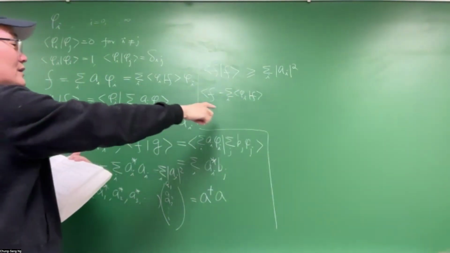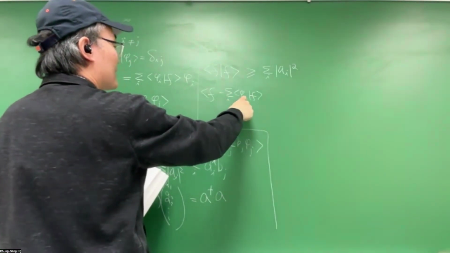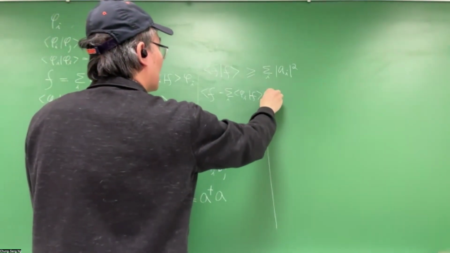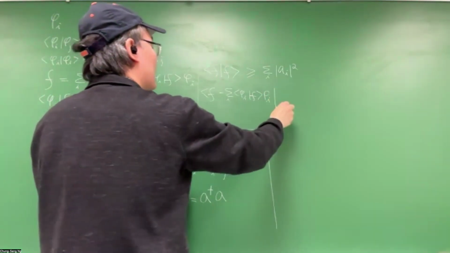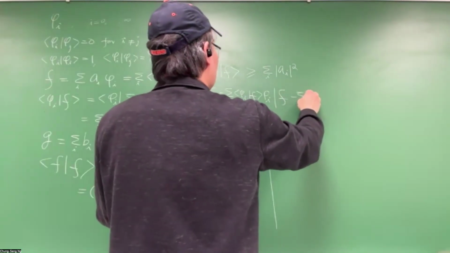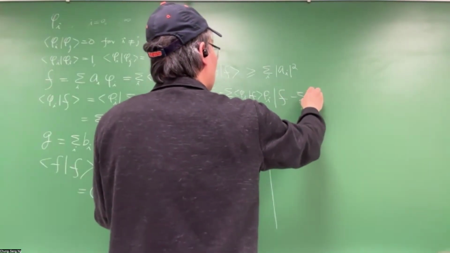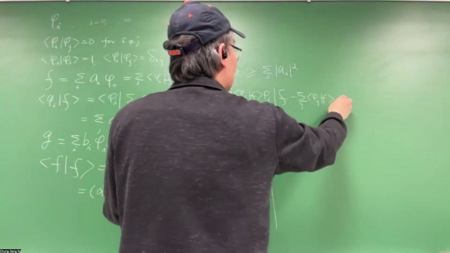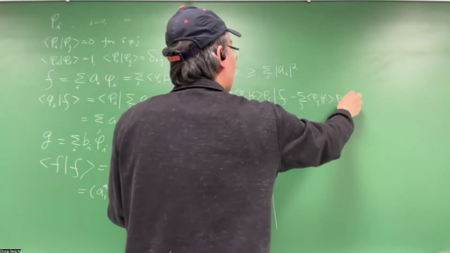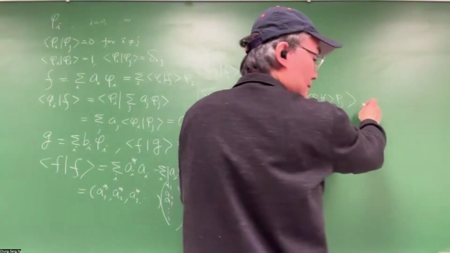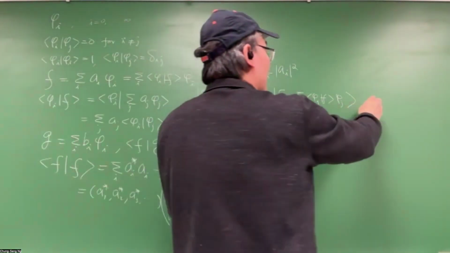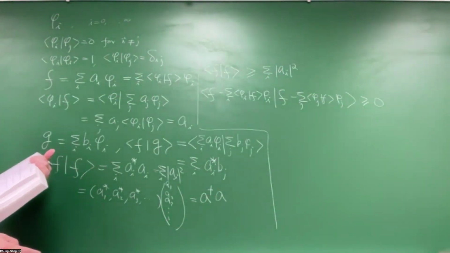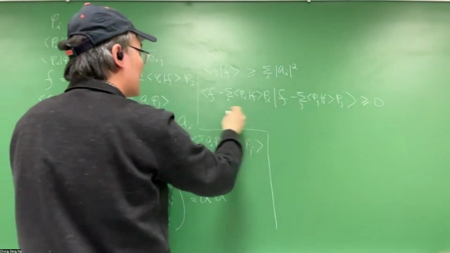Just do it more explicitly, and then find it, and that's f. That is, by definition of the scalar product, greater than zero. Then you work out this product.